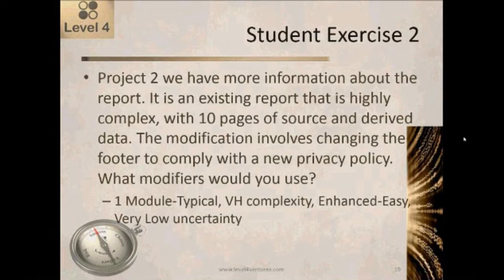However, the work is enhanced easy, because the only change that we're making is a very simple modification to the footer. So although the report itself is very high complexity, the work requirement is enhanced easy. And by this point, I would probably set the uncertainty to very low, because we've done quite a bit of analysis work, and this particular line item is very clearly understood in terms of what needs to happen.